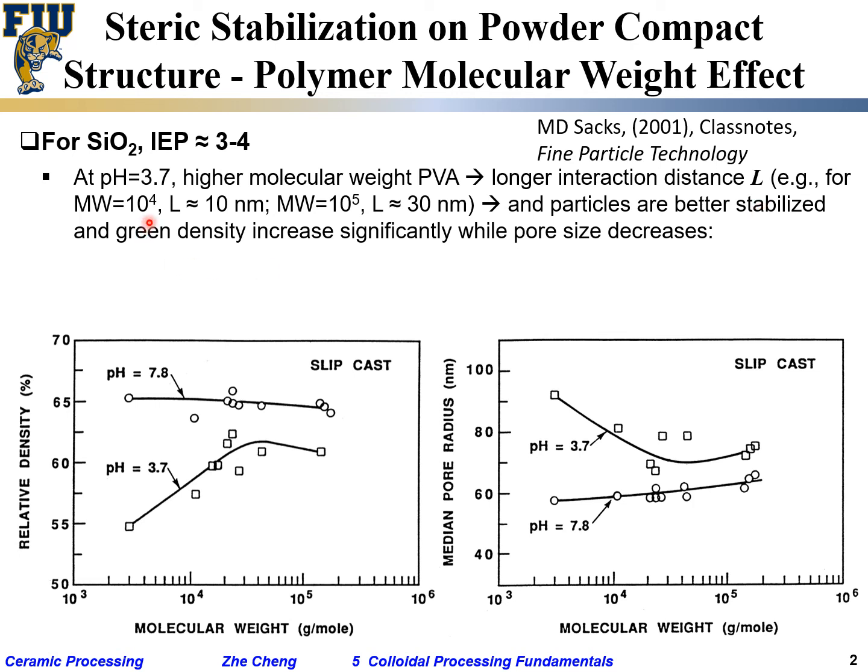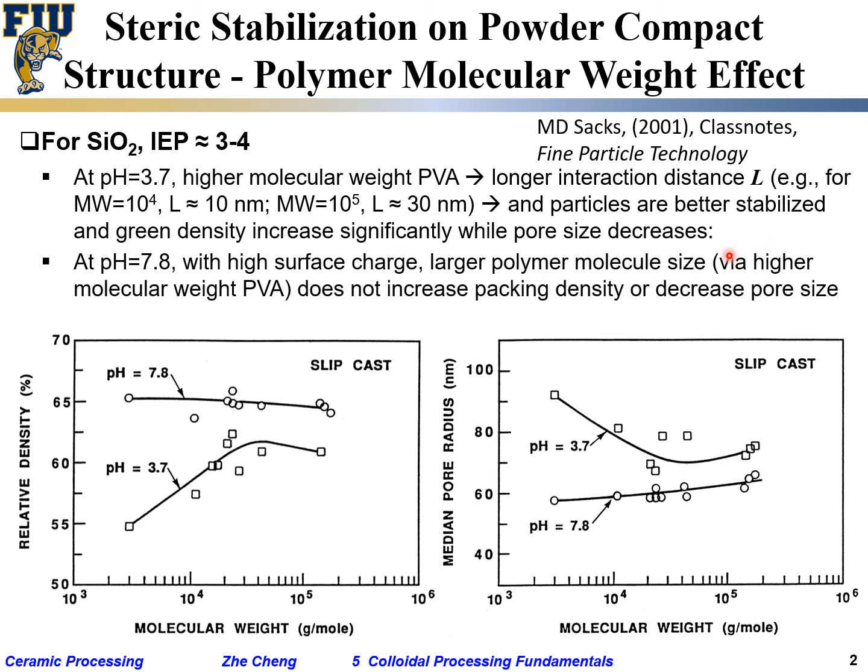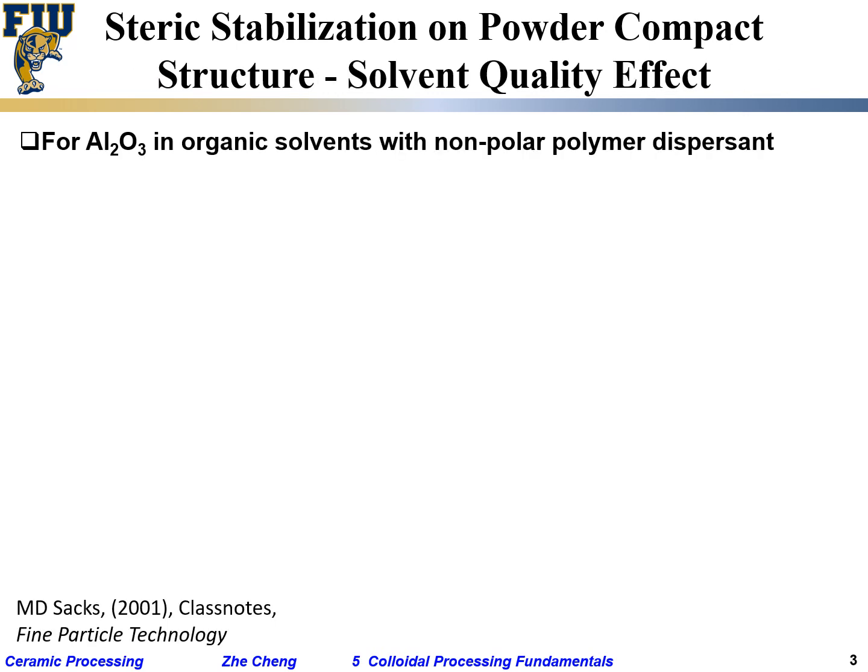Because higher molecular weight means I have more repeating units, and as a result, the overall polymer appears larger. And if they are larger, they put the particles further away and better stabilized. On the other hand, at pH 7.8 it doesn't change much because the electrostatic effect is sufficient and the polymer doesn't help too much. Okay.